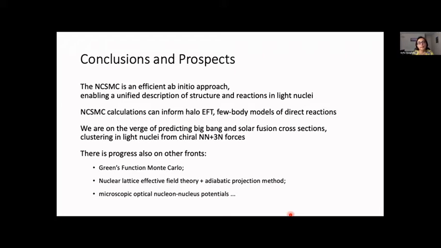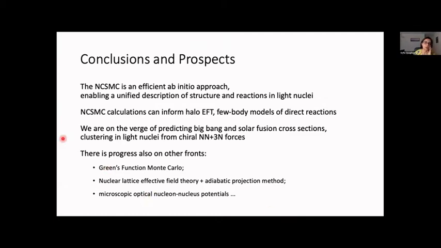And these unified structure and reaction ab initio calculations are actually interesting because they can be used to inform halo EFT and then few body models of direct reactions. And then, of course, we are interested in arriving at accurate predictions for Big Bang and solar fusion cross sections, and also helium burning cross sections.